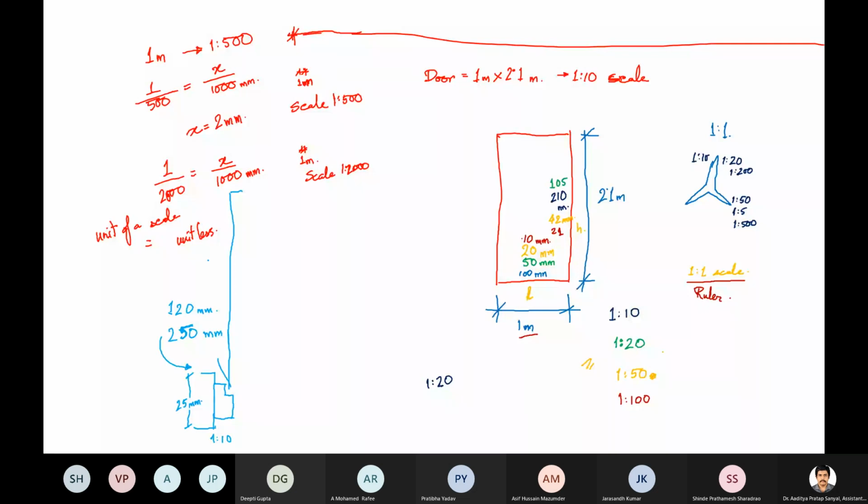But one thing you must be careful about when you're completing this doors and openings sheet: you should mention the scale beside every drawing. That's why I've given the scale separately. It is quite essential. In which position do we have to mention it?